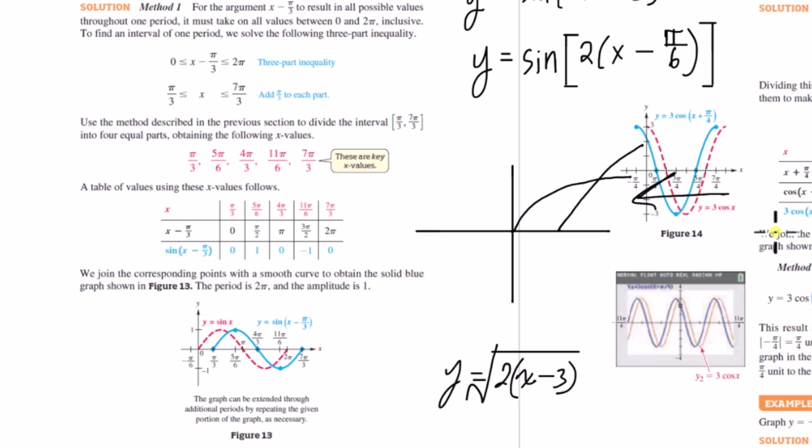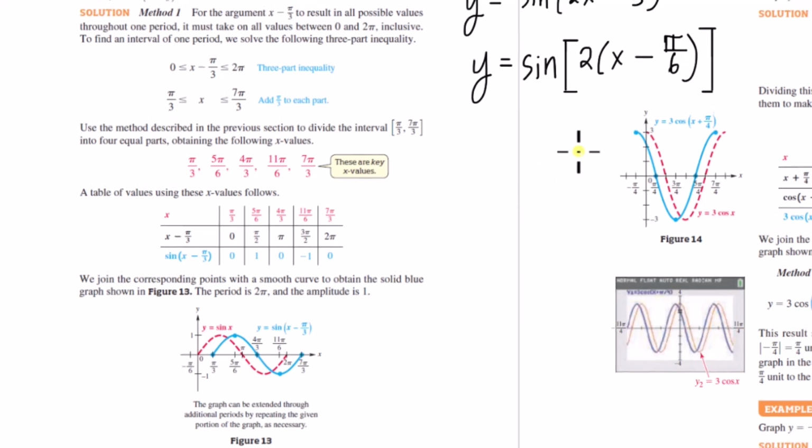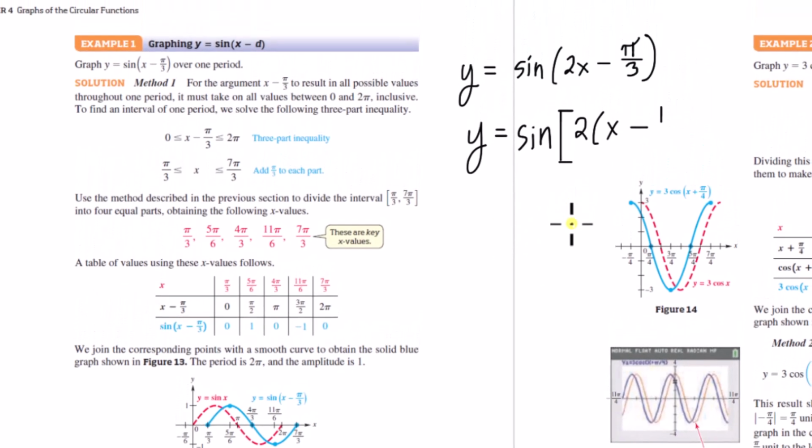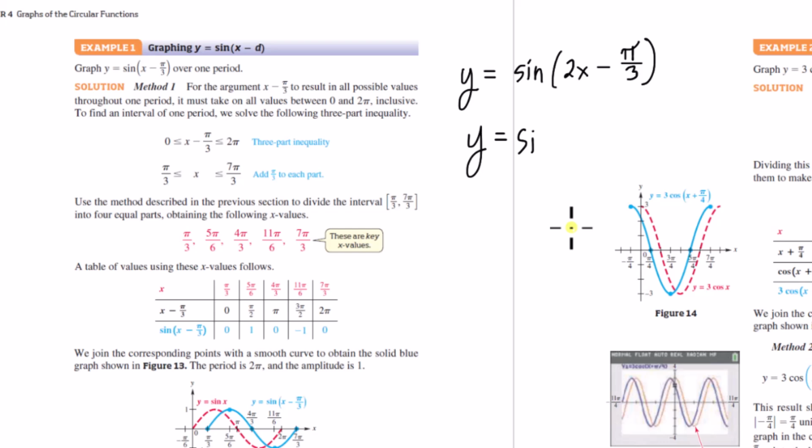Okay. Now, when it comes to the flipping about the y-axis, if this was a minus 2 here, there are 2 ways you can look at that.